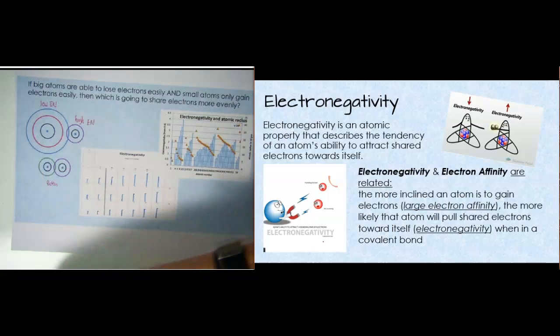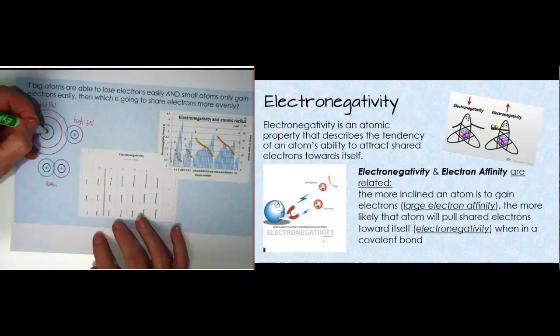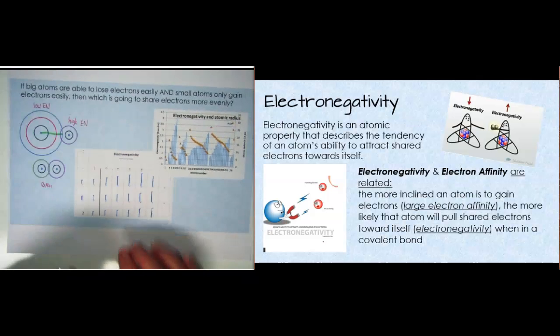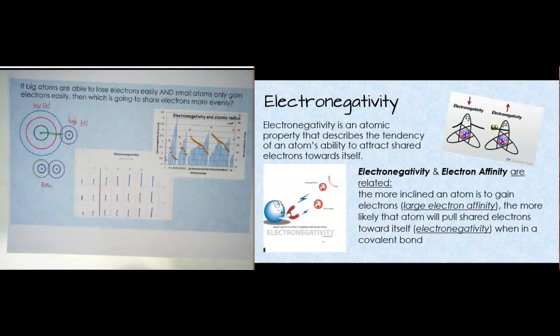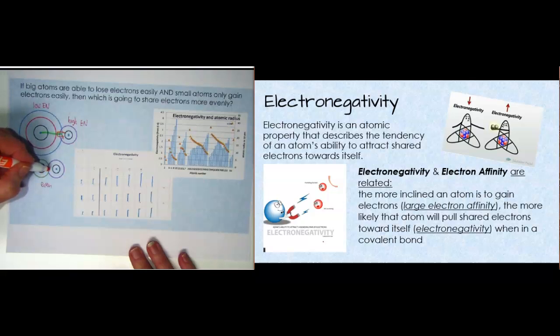All right, so the drawing goes like this. If you look at what's here, this guy is sharing and he's reaching out to just where he is. This guy, on the other hand, with the high electronegativity, is not just reaching out, but he's reaching farther and pulling it in. These two guys are sharing evenly.